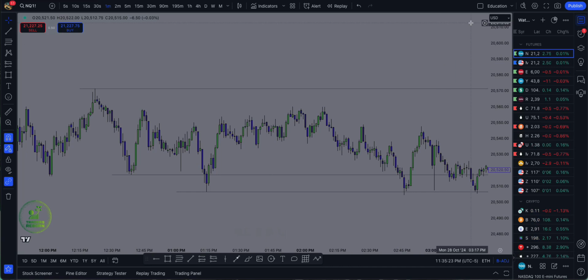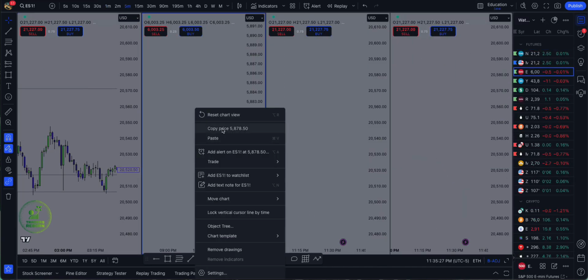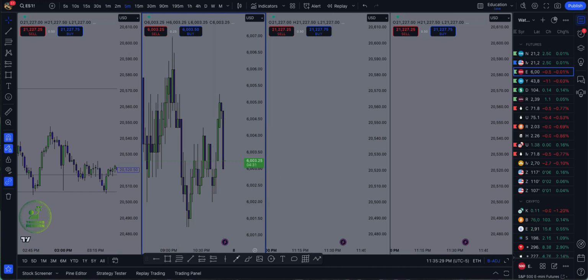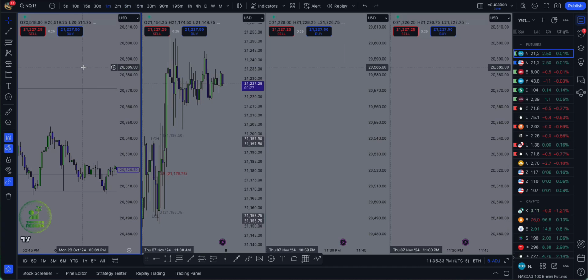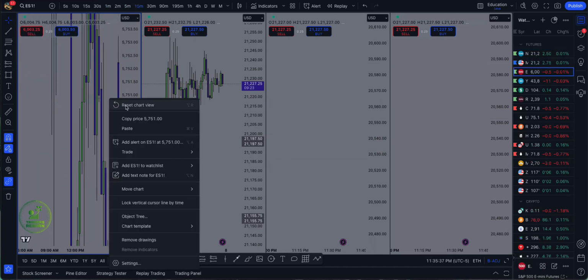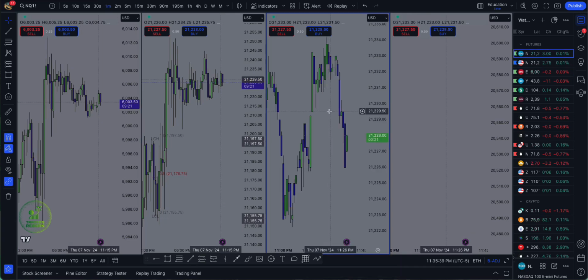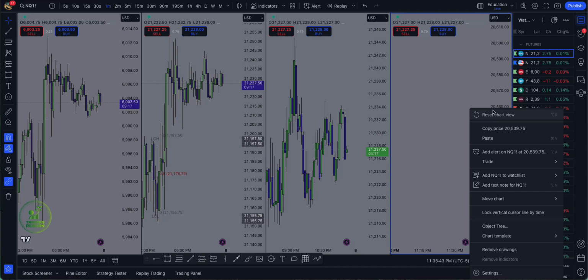Actually, my chart is like this. I have a 15-minute NQ right here, and a 15-minute ES right here so I can watch for SMTs when I'm trading. I have a 5-minute NQ, and a 1-minute NQ right here as well.